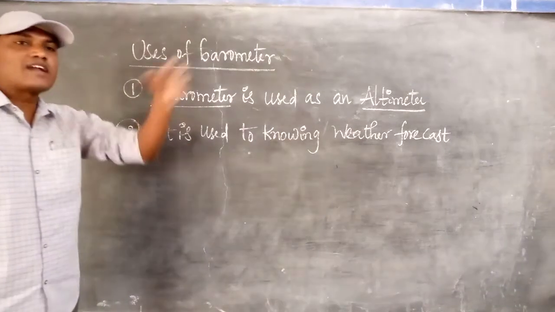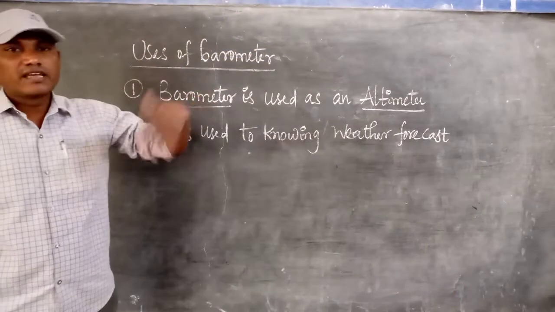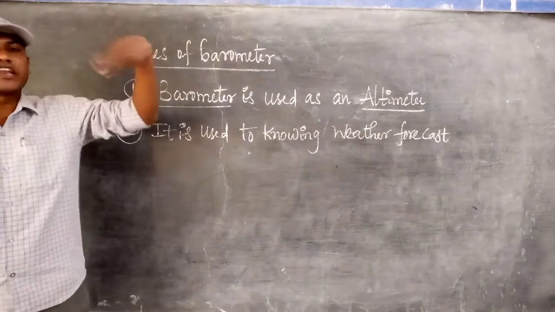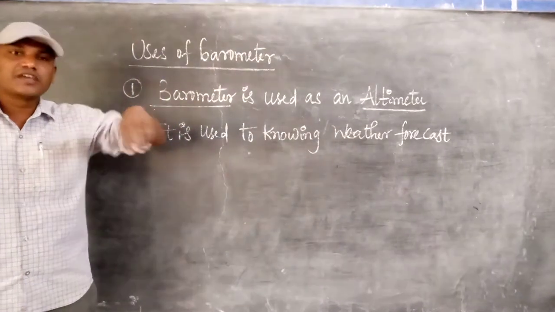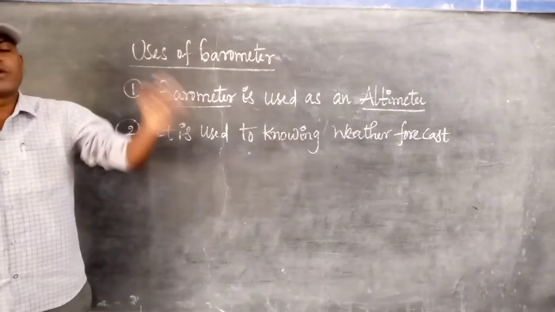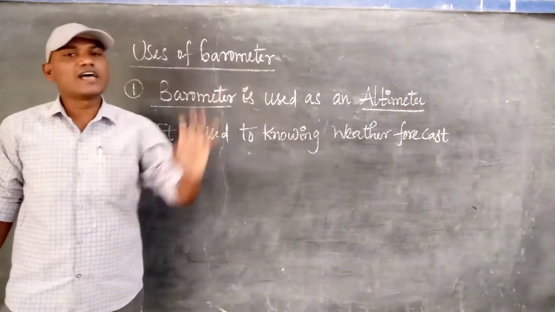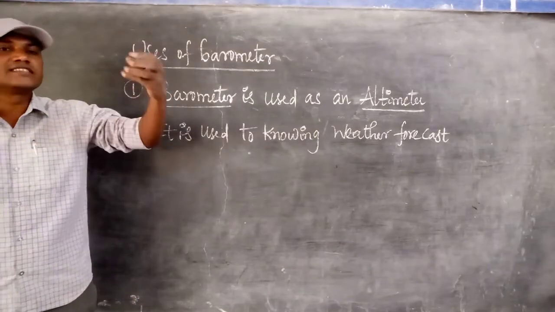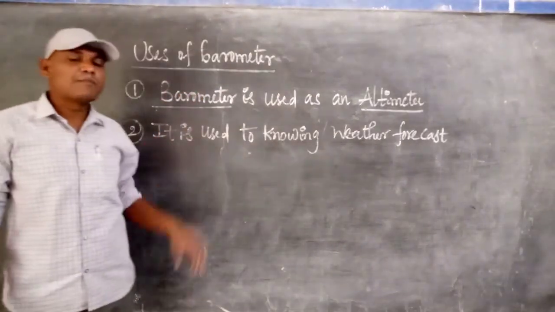That means what type of changes will occur in the weather for the next 24 hours. Whether rain will occur or not, whether it is a cyclone or normal rain, and what the humidity in the atmosphere is. This type of information we can easily find by using the barometer.